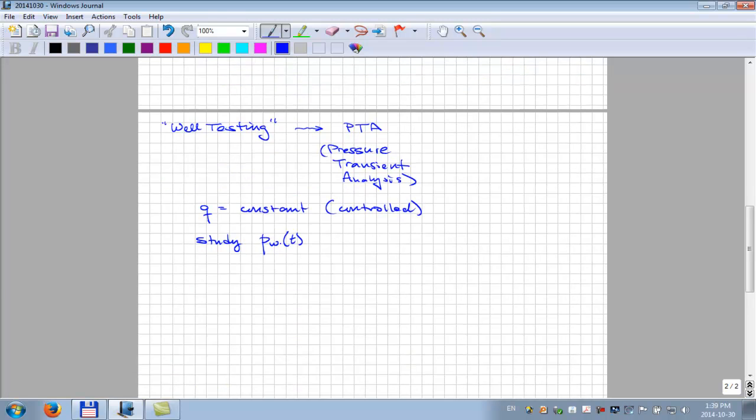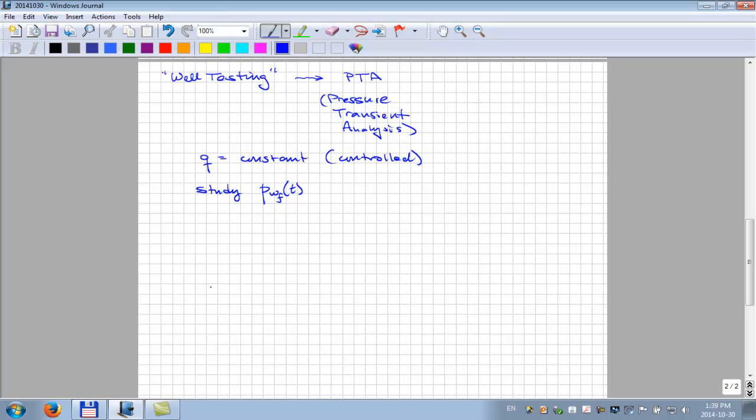Let's say the well is flowing, so it's the flowing bottom hole pressure, and how it varies with time. So the basic assumption is that the rate is constant or controlled. We study how the bottom hole pressure changes with time.